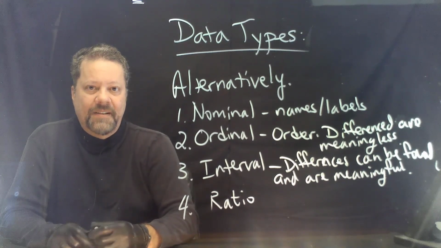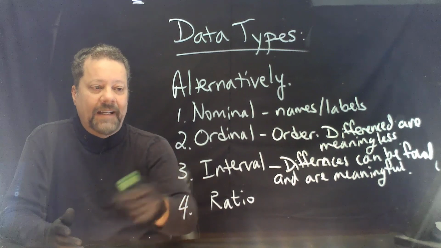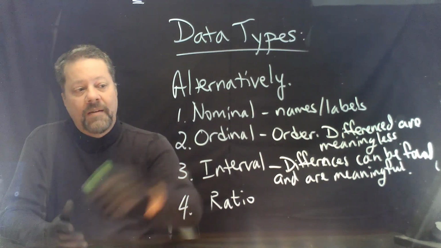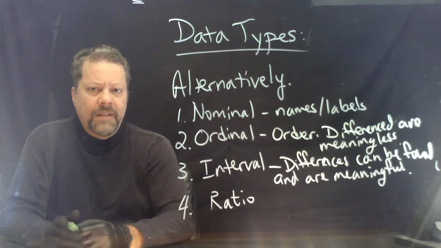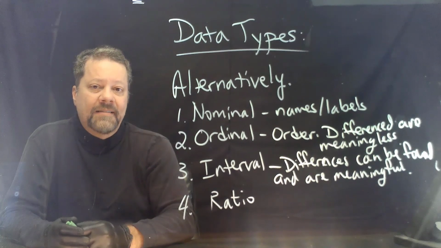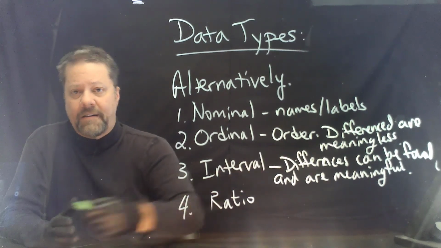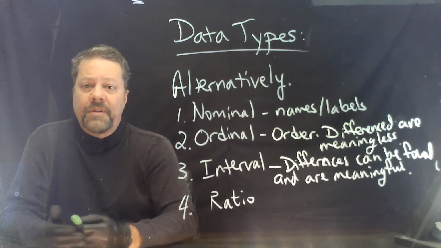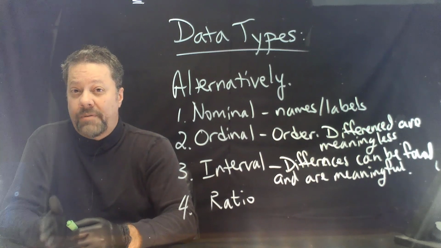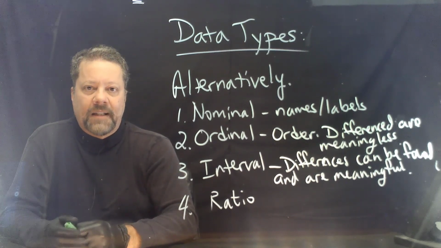That difference is meaningful. Clearly, this interval data does possess an order, but the distinction is data is ordinal if those differences either are undefined or the differences are meaningless. One thing about degrees Fahrenheit is that the number 0 degrees Fahrenheit is kind of chosen arbitrarily. Where that 0 is doesn't make a lot of difference.